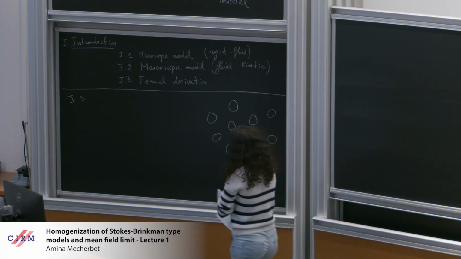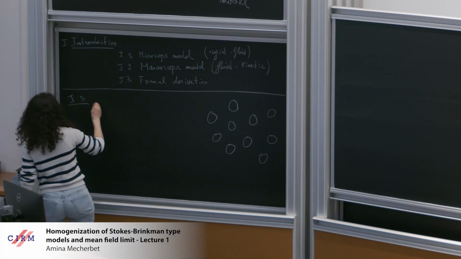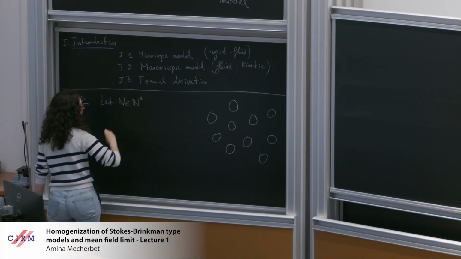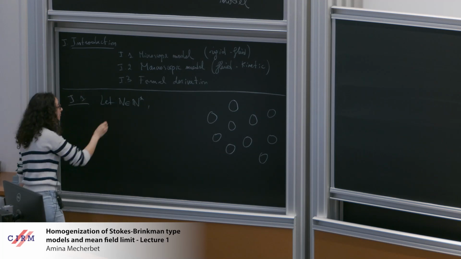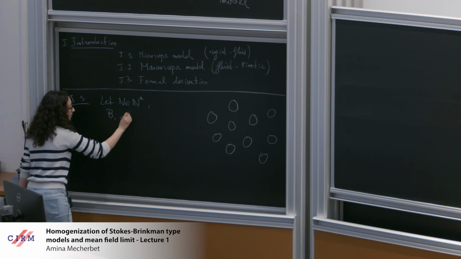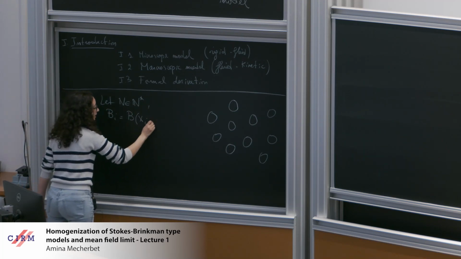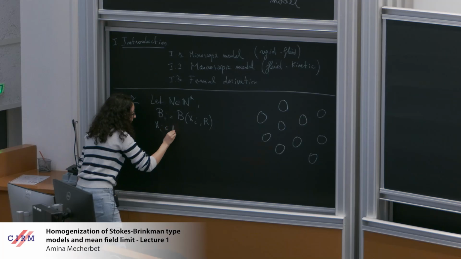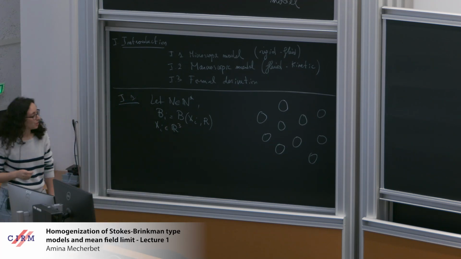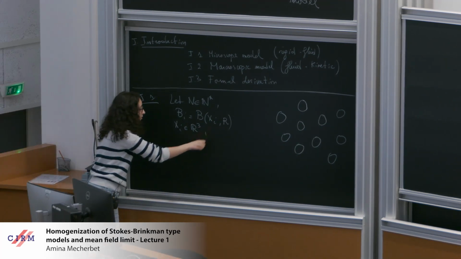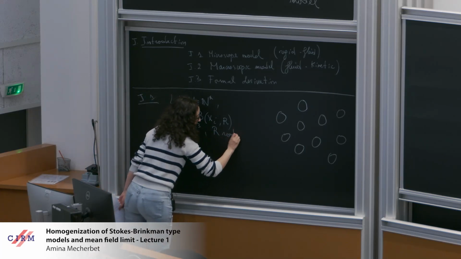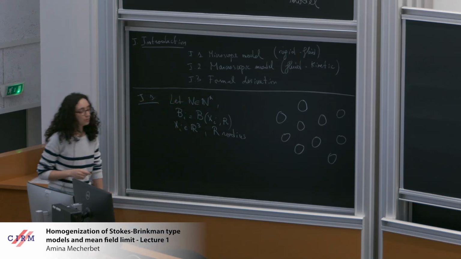So I will give myself n particles, and I will call them Bi. Bi is the ball centered at some position xi having a radius r. I will mainly stick to 3 dimensions during this course, and r is the radius, which is supposed to be small.